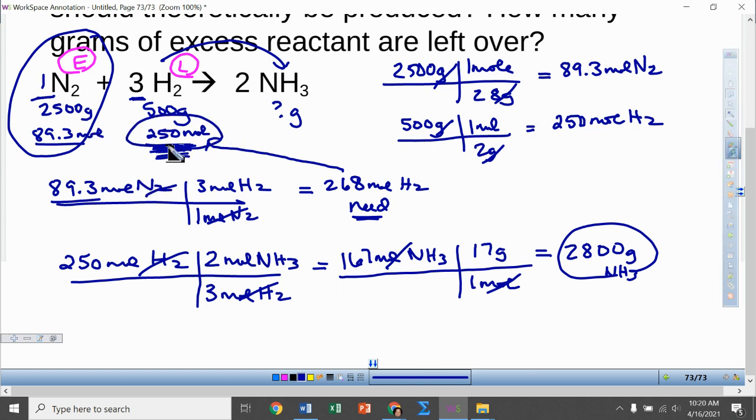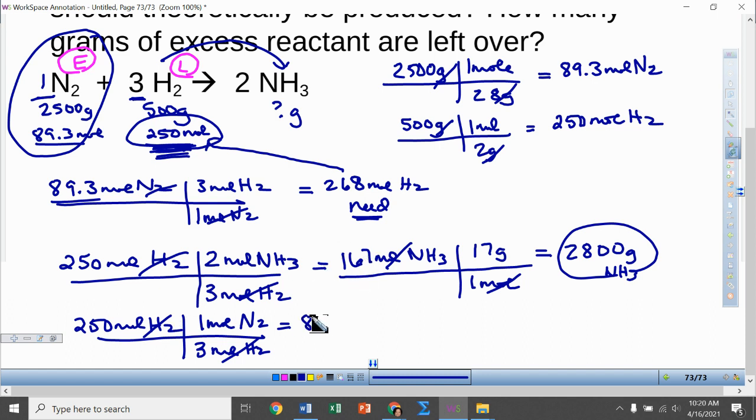So I'm going to take that 250 moles, again, of hydrogen, and I'm going to say, all right, well, I used it up. For every 3 moles of hydrogen, I used up a mole of nitrogen. So I used up 83.3 moles of nitrogen.